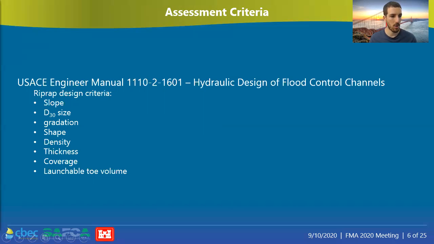So in this methodology, we capture the field data necessary to calculate these different values and check them against the design criteria using a modern HEC-RAS 2D model with updated bathymetry and roughness assumptions.